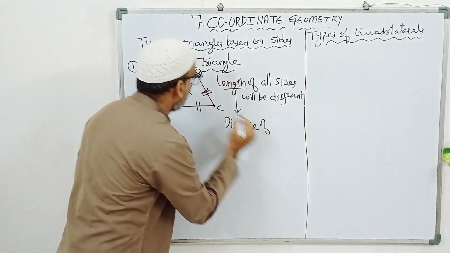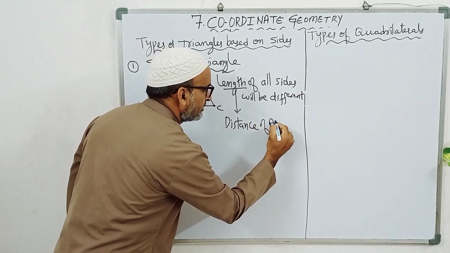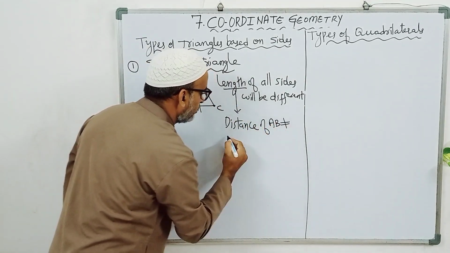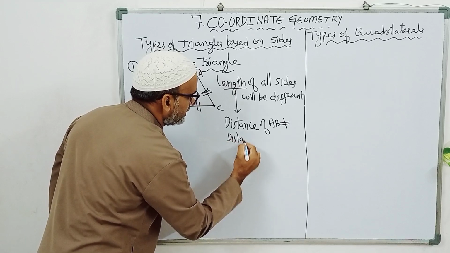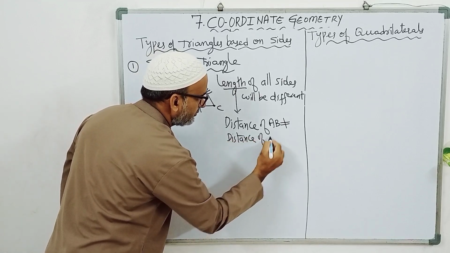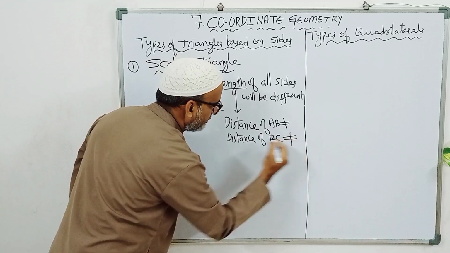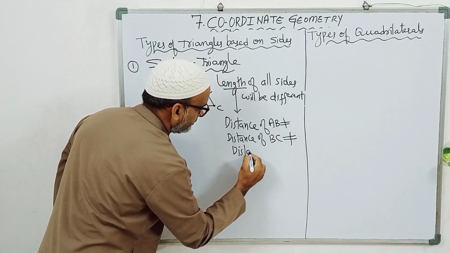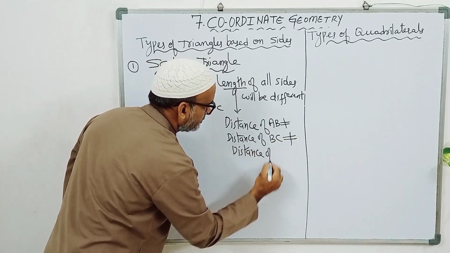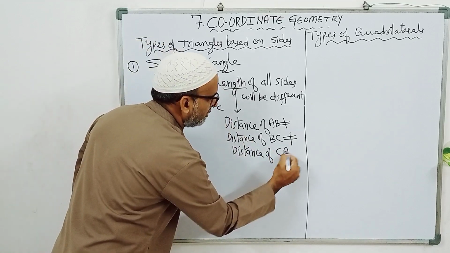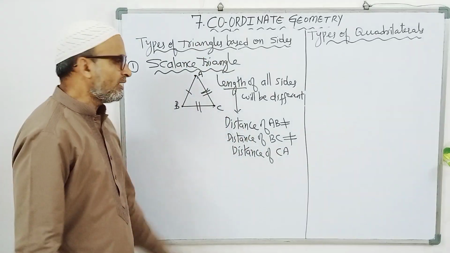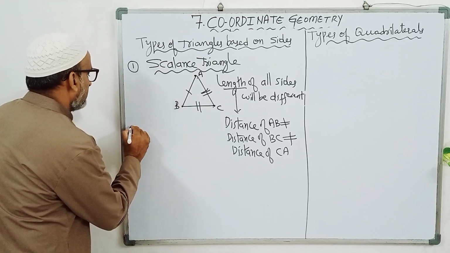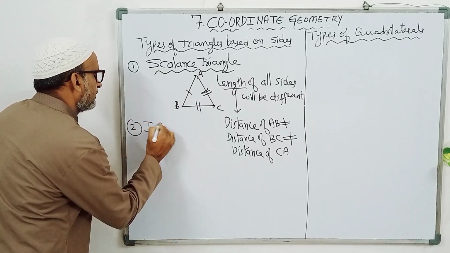Distance of AB is not equal to distance of BC, is not equal to distance of CA. This is the meaning: all sides will be different. Okay. The next is the isosceles triangle.